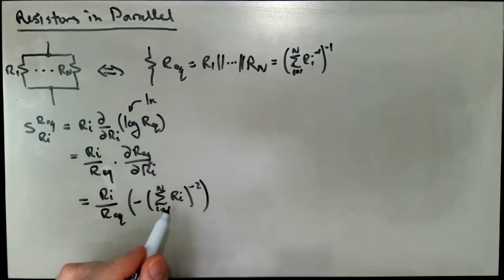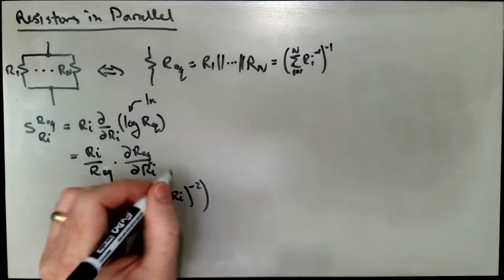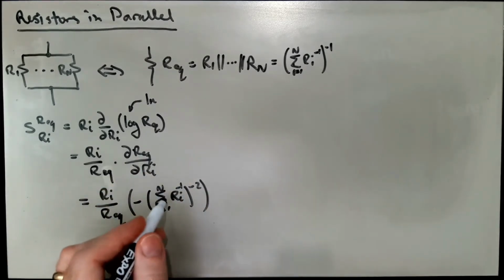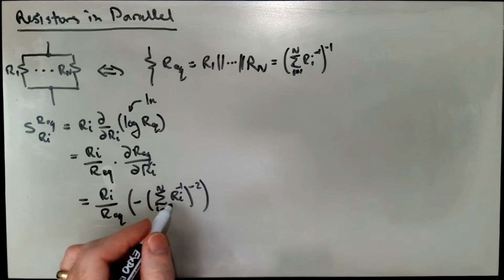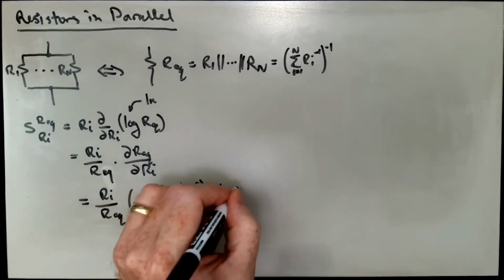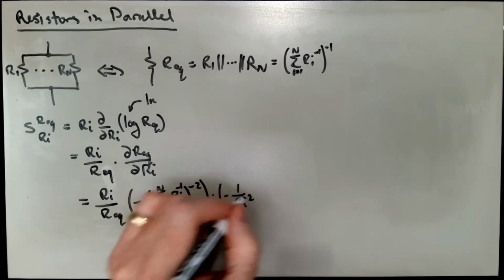And then we apply the chain rule, and we have to differentiate Ri to the minus 1, and that's going to be equal to minus 1 over Ri squared.